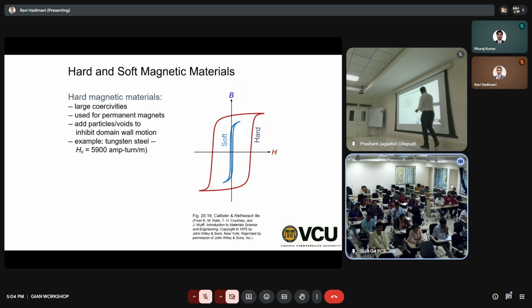So these are soft ferromagnetic materials, and these are hard ferromagnetic materials, meaning they retain their magnetization. You need to apply a high coercive field to remove their magnetization, whereas for soft ones a tiny negative field is enough. So these are hard and that's soft.